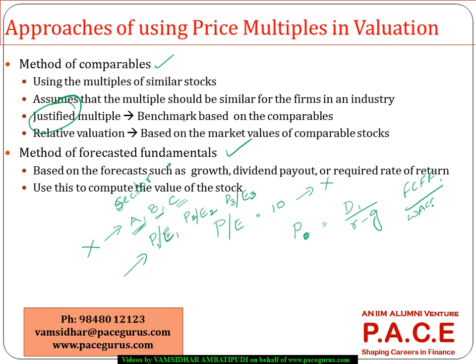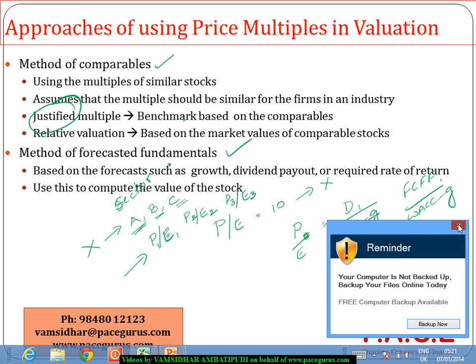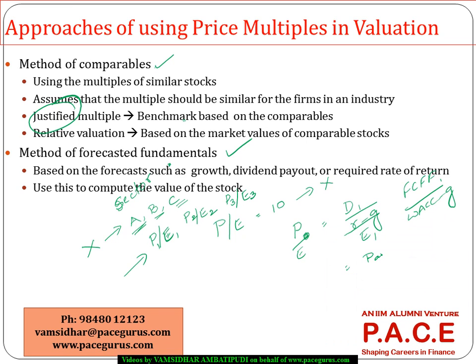Some such formulas, right? Using this, when I say P by E, I divide this by E, and finally this will give me the dividend payout ratio divided by (r minus g). This is the way I define the multiple for firms when I am going with forecasted fundamentals.